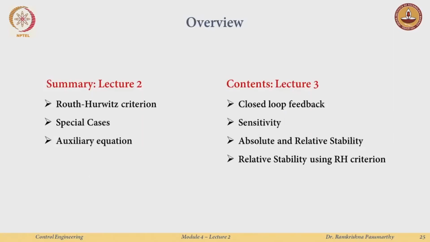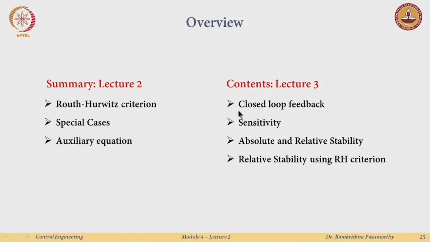Okay. So, what we learned so far is the Routh-Hurwitz criterion, and some special cases: what happens when there is a 0 in one of the entries, and what happens if there is a 0 in the entire row, where we did the analysis of the auxiliary equation, right. So, next week we will look at more. At the moment we looked at this analysis only in terms of roots of a certain polynomial, right.